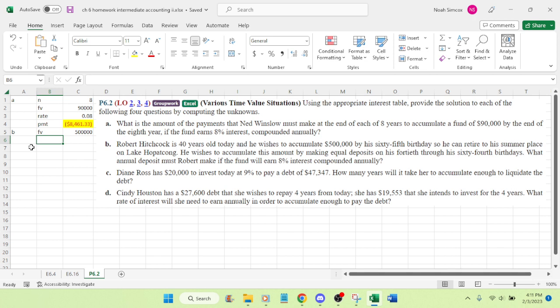Because if you make a deposit on your 40th birthday, so he's going to make a deposit today. So it's going to be beginning, so type 1. So beginning of periods.